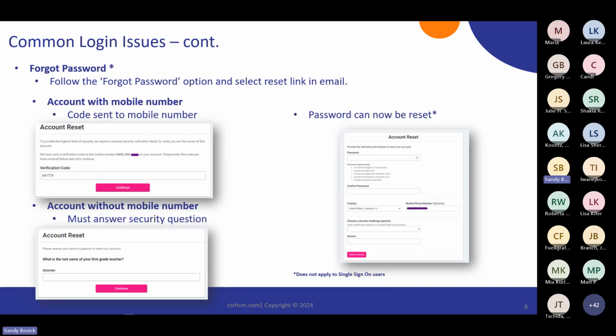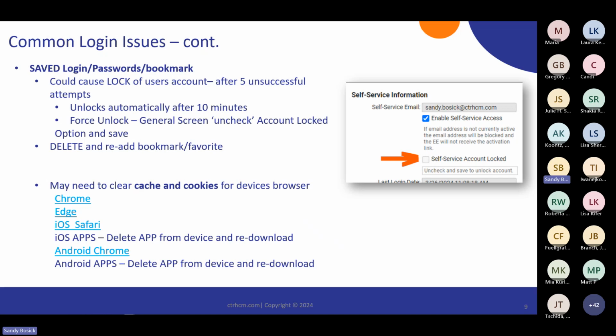When that is selected, based on the device storing those cache and cookies that I mentioned, it will not ask the user for that verification code within 12 hours. So for the next 12 hours, that verification code should not be requested.